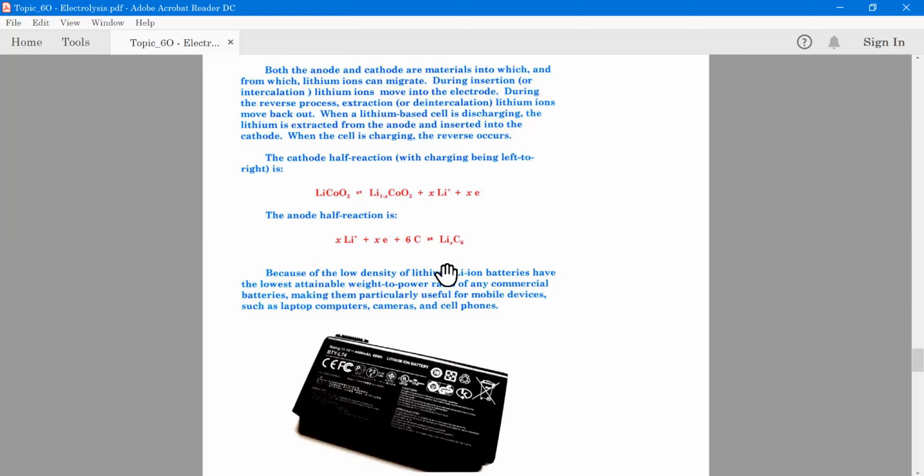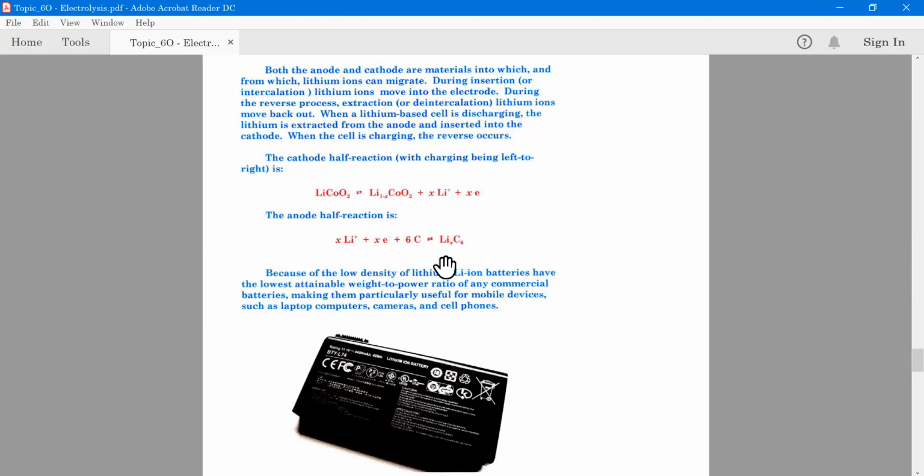In laptops, they have to be made in certain geometries, of course, just as they do in phones. They have to be very thin, and for that reason, they have to be very low density. Because of the low density, lithium-ion batteries have the lowest attainable weight-to-power ratio of any commercial batteries, making them particularly useful for, as you know, mobile devices such as cell phones, cameras, and laptop computers.